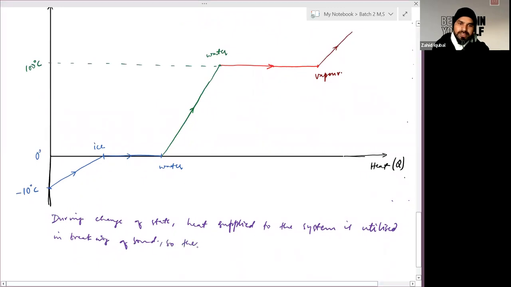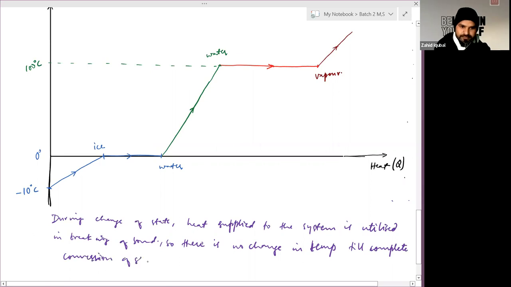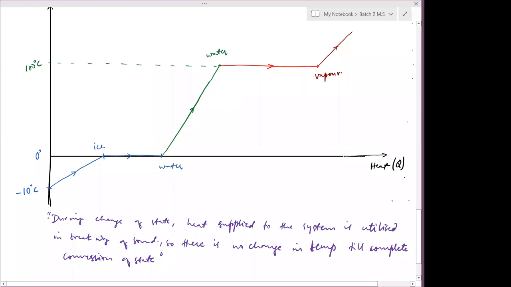So there is no change in temperature till complete conversion of state. Samaira, is it clear? Yes, sir.